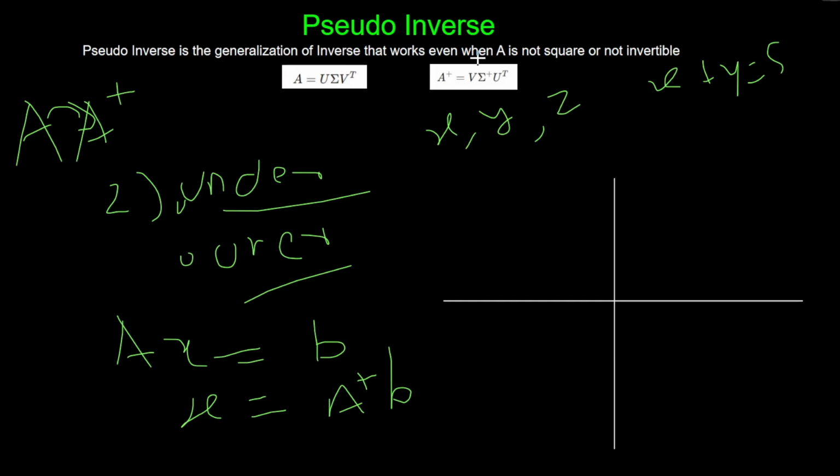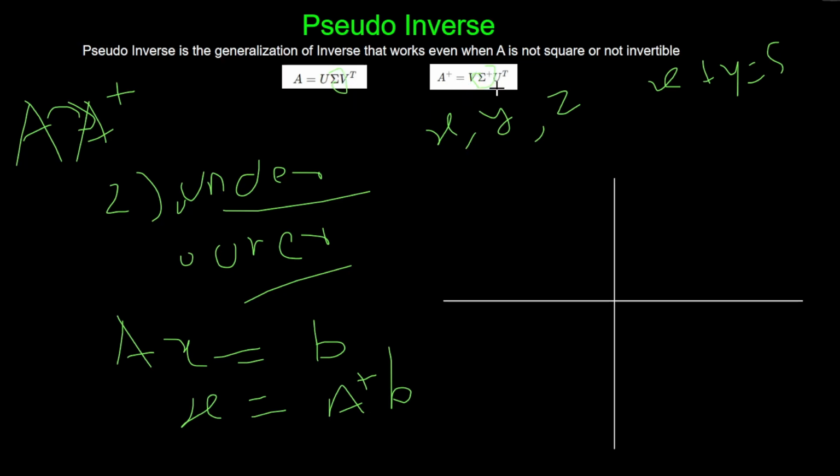Here we can just use the V, which is the matrix with columns consisting of the right singular vectors, and this is the U transpose. U consists of the matrix with left singular vectors, and this is sigma. So sigma plus here is the same sigma, but we take the reciprocal of the non-zero singular values in this sigma matrix, and we take the transpose of the matrix.